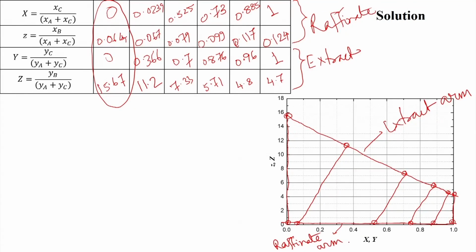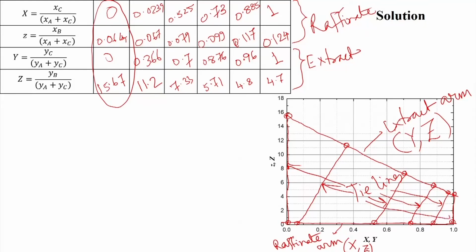So, the raffinate arm is capital X versus small z, and the extract arm is capital Y versus capital Z, and these are all tie lines. This is one tie line, this is another tie line, and this is also one tie line.